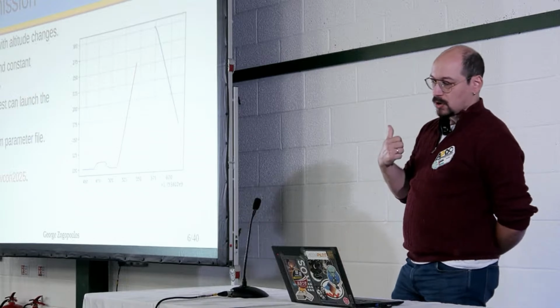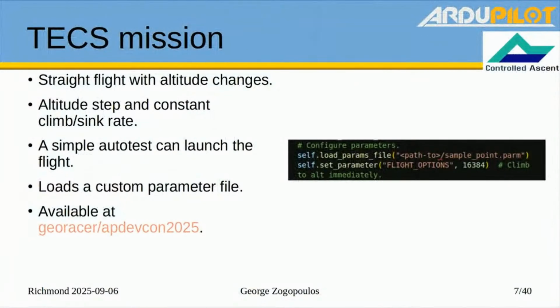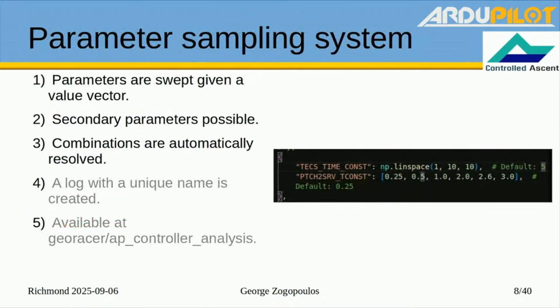And this auto test loads each time a custom parameter file, which basically controls which parameter I would tweak and set into a new value every time. So how do I sample those parameters then? I wrote a few custom Python files, which basically allow me to define sample cases.